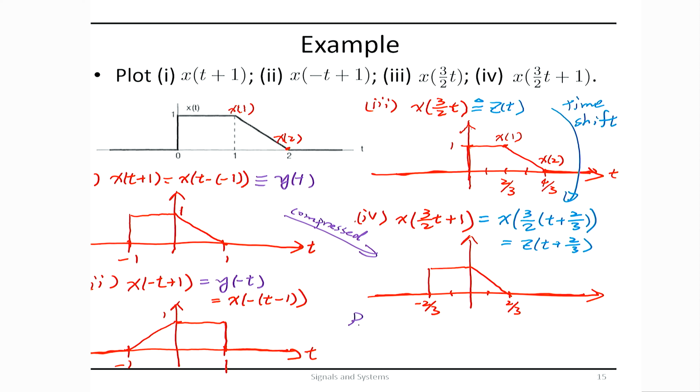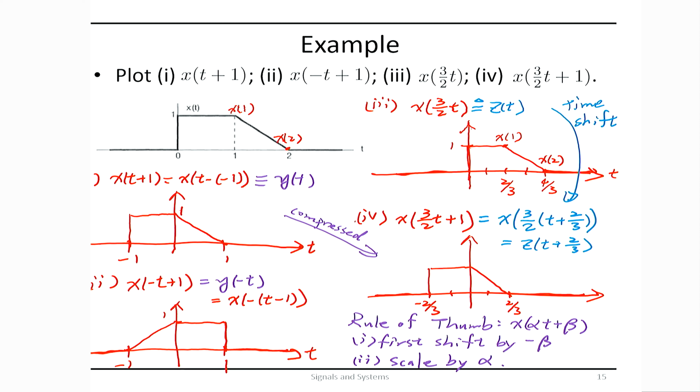The rule of thumb suggested by the textbook for obtaining x of alpha t plus beta is to first shift by minus beta before you scale by alpha. Because this is less confusing. Right. So any questions?